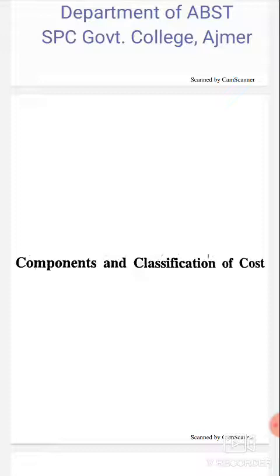The cost which is obtained by adding selling and distribution overheads to the office cost is called total cost. It is also known as cost of sale or all-in cost or final cost. The classification of cost can be displayed by the following chart.